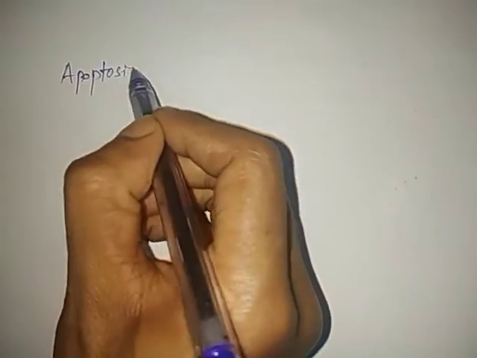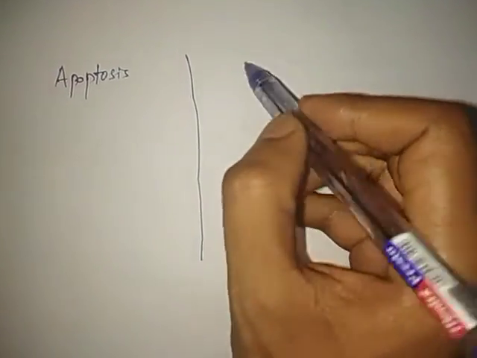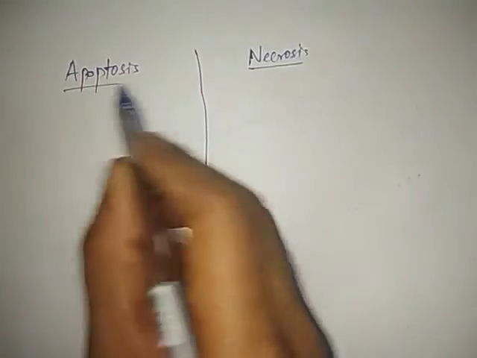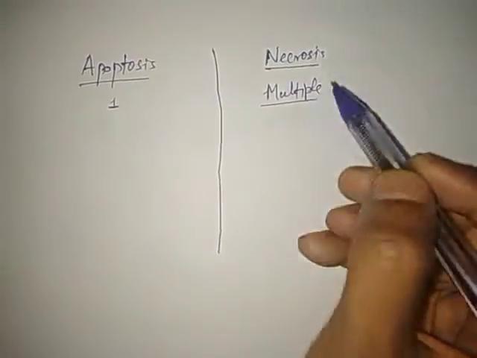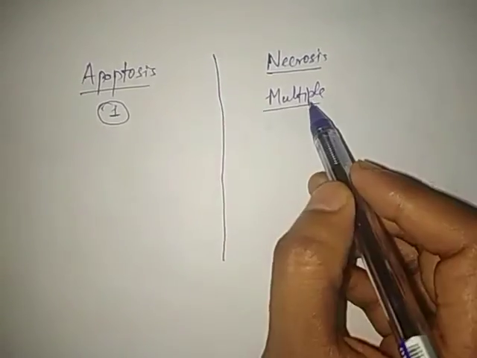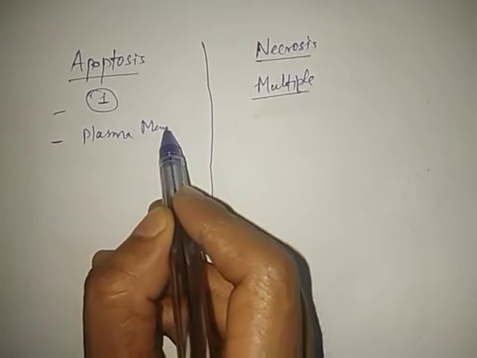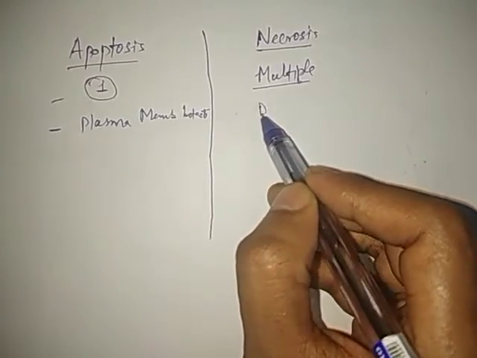Now I would like to highlight some of the differences between apoptosis and necrosis. Apoptosis, we know, is the death of a single cell, while necrosis is the death of multiple cells. This is one point. Here the cell membrane or plasma membrane remains intact, while in necrosis it does not remain intact.